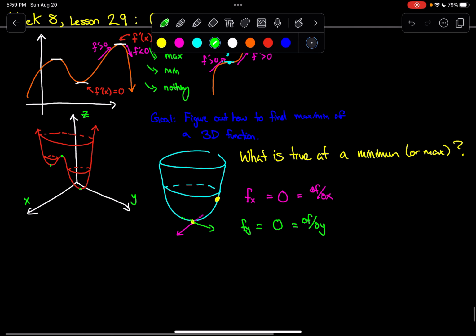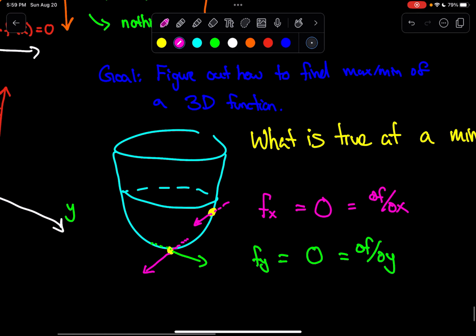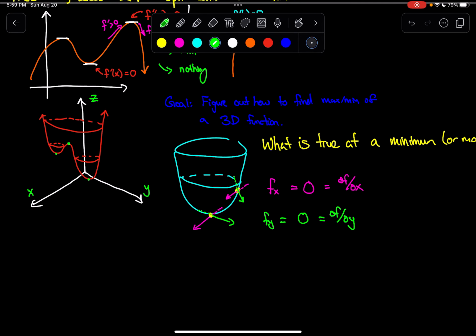Because if we're at a minimum, it is entirely possible to be up at this yellow point up here, and the slope in the x direction could still be 0 here. We could still have the slope being 0, but if we talk about the slope going in the y direction, clearly we're tilted down, so we're not at a maximum or minimum. Okay, we need both of them to be flat, and the same thing goes with the maximum.